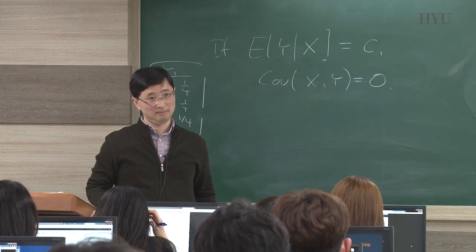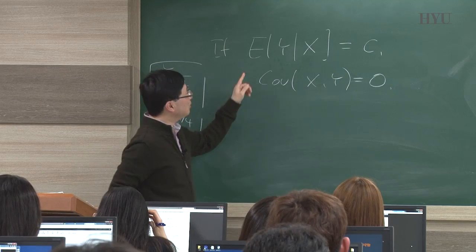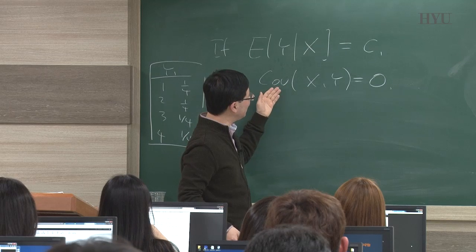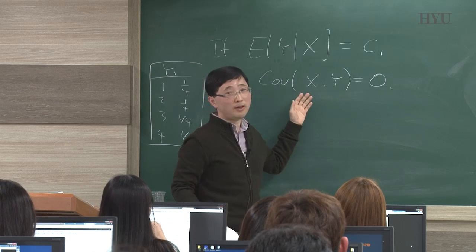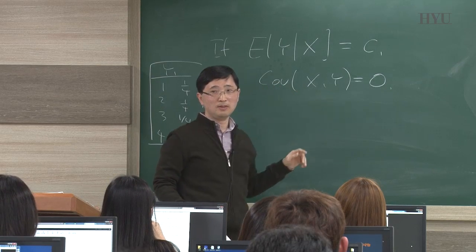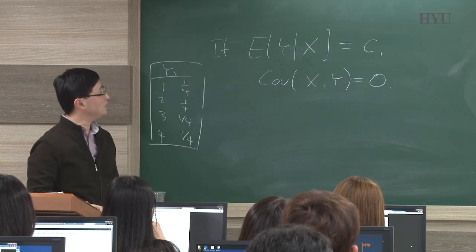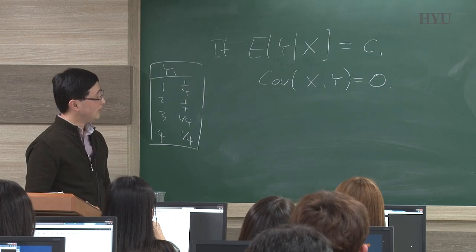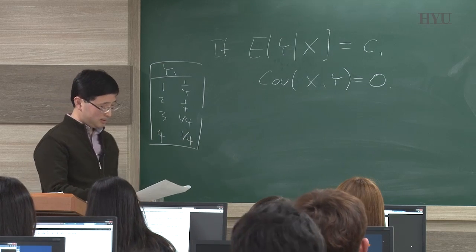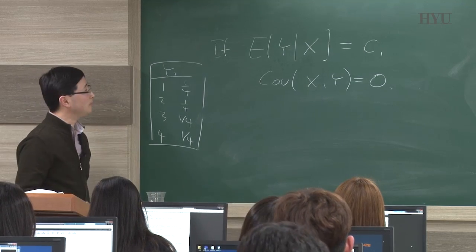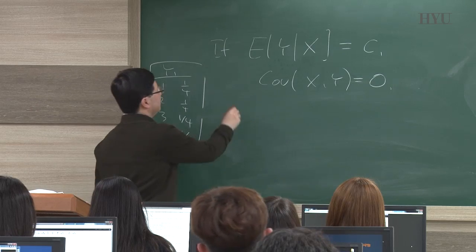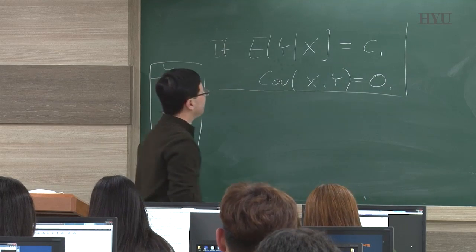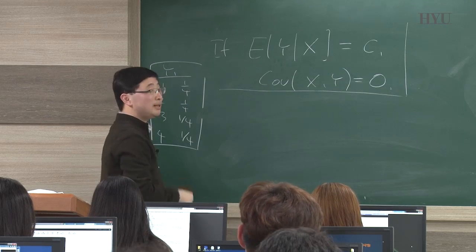That's what it says. Okay? So the conditional mean says a lot of things. But one thing it says a lot about is the covariance structure. So this is the statement we'd like to understand. So why? Let's think about this together. Now let me make things easy.